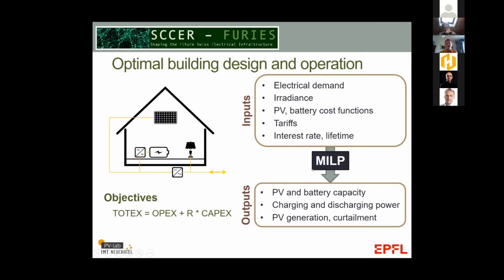And using mixed integer linear programming, we're able to calculate the optimized PV and battery capacity, the charging power, PV generation, and curtailment, using as an objective function the total cost, so the OPEX and the CAPEX, taking also into account the interest rate.